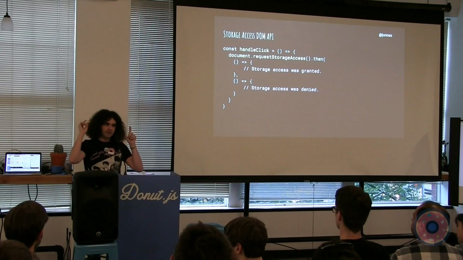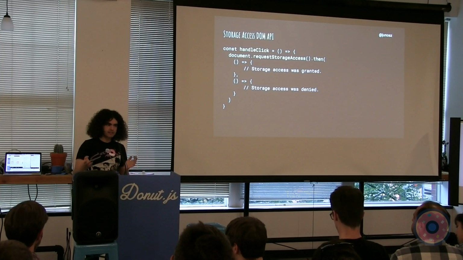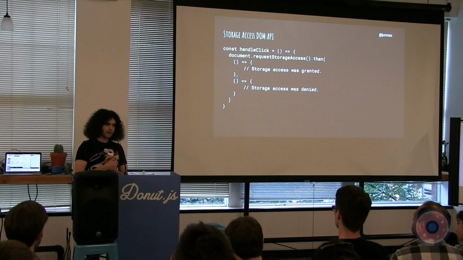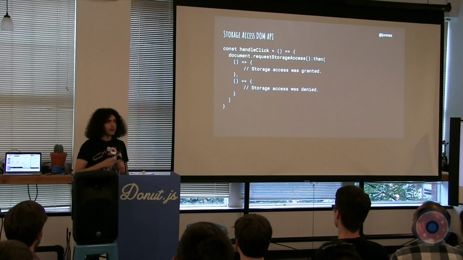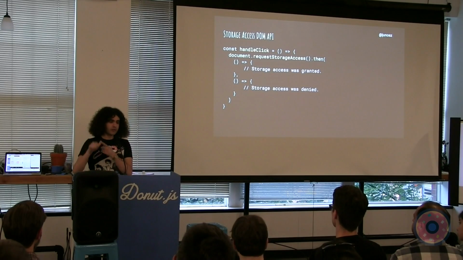And if the user then approves that, then we'll allow access to storage in a first-party context on a third-party embedded iframe. In this case, what they mean by storage is everything. Cookies, local storage, session storage.